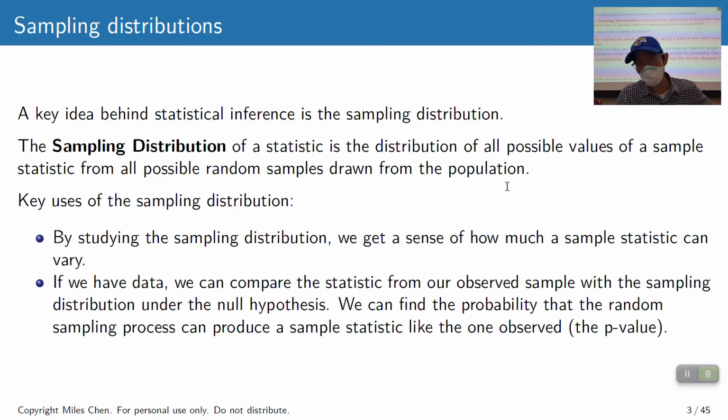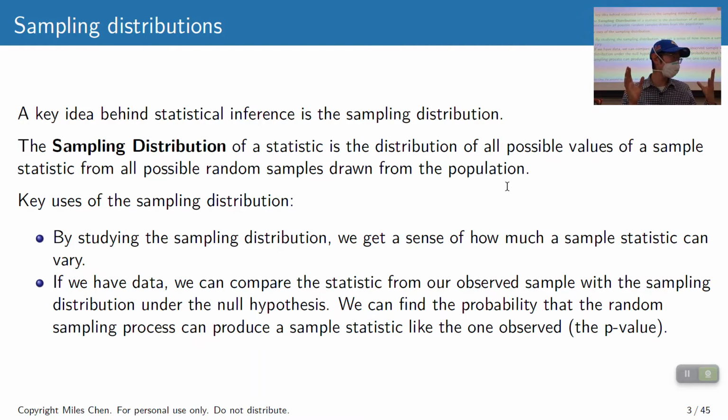All of the ideas for statistical inference are based on the idea of the sampling distribution. And the sampling distribution is, what is the distribution of all possible values of a sample statistic for all possible random samples drawn from a population?